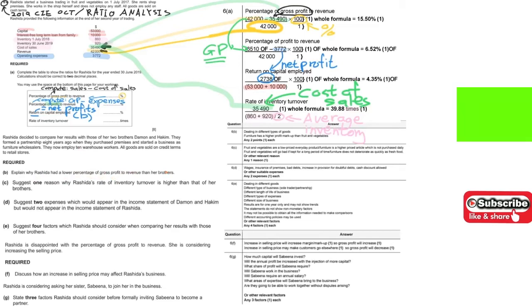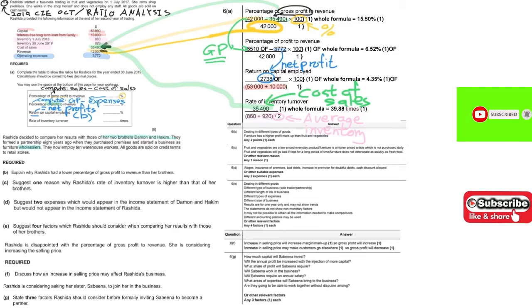Before we do that, first of all, we have to take a look at the business nature of the brother and the owner of our business. The brothers are the wholesalers. But how about the owner of this business, Rashida?